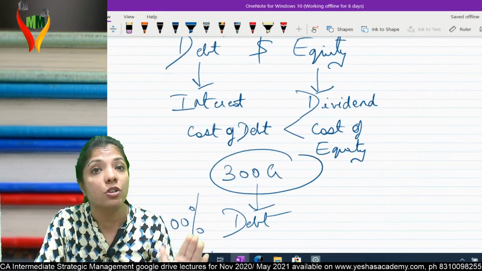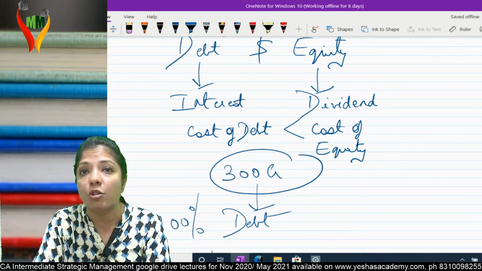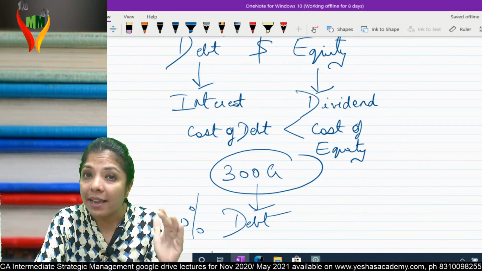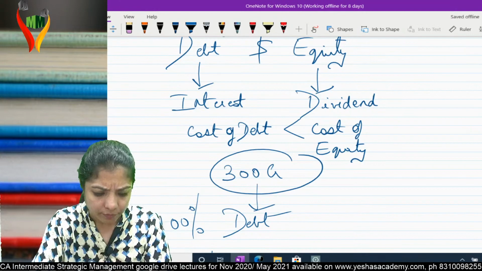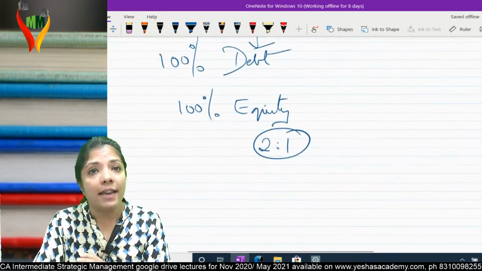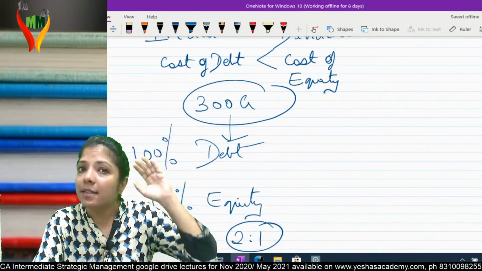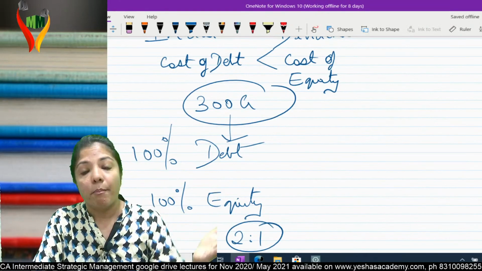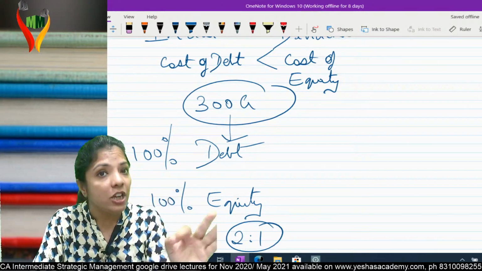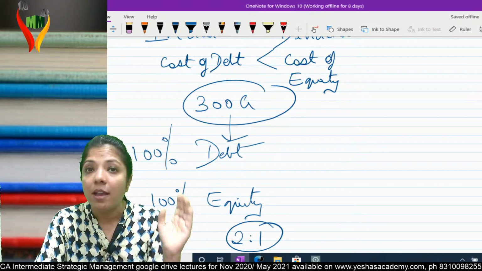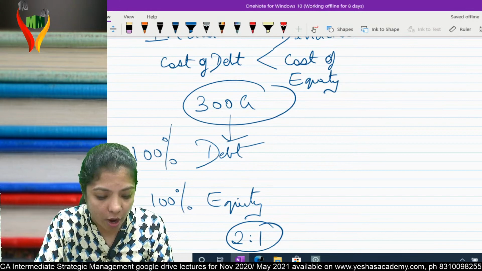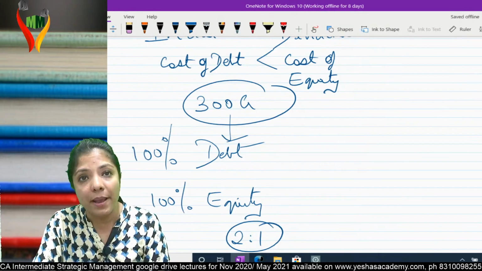This is just a finance topic. Interest will remain same, but dividend will keep on changing. Cost of debt means interest factor will remain same. Cost of equity means dividend, which will keep on changing. Am I clear?